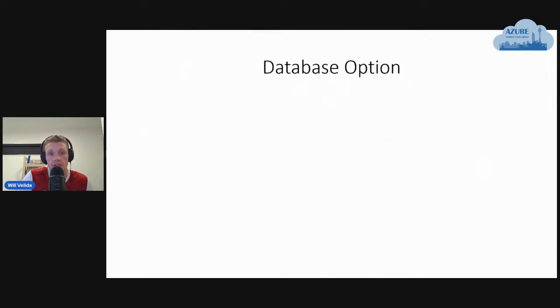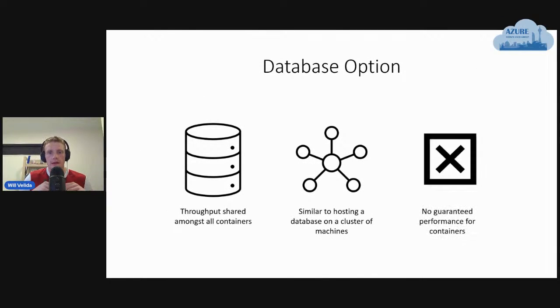However, you can also provision it at the database level. Now, when we provision throughput at this level, the throughput that we provision will be shared amongst all the containers within that database. So say, for example, I've got 5 containers within a database and I provision 10,000 request units at the database level. I can't say that container A is going to receive 6,000 request units per second and the rest are just going to have to fight it out for the remaining.